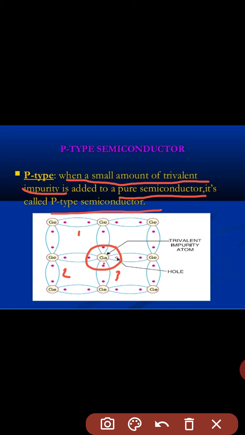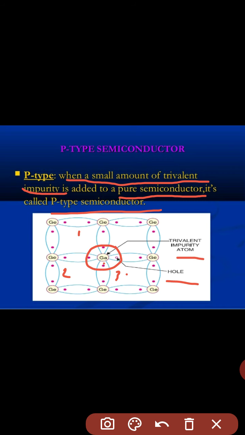germanium atoms, and one vacancy is left at the fourth covalent bond, and this vacancy is shown like this. This is called a hole, which is positively charged, and this hole constitutes the current in the P-type semiconductor.